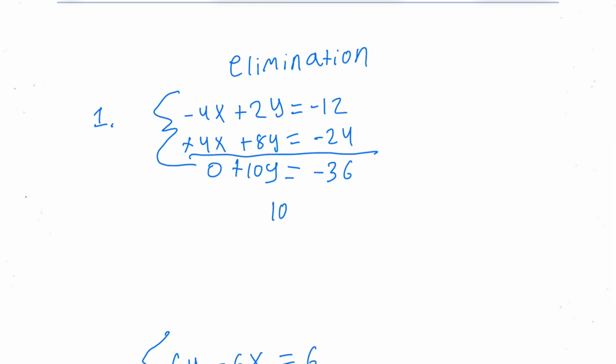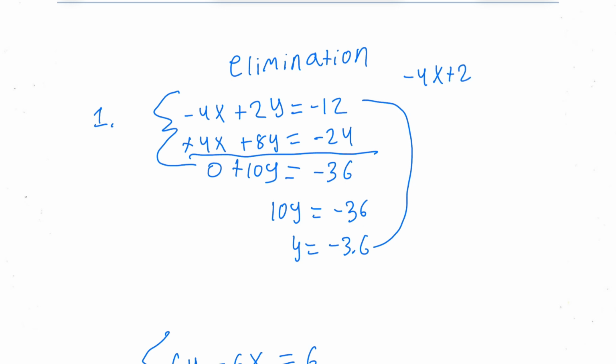So if 10y is equal to negative 36, that means that y is equal to negative 3.6. We want to solve for x. We just have to plug that into either one of these, and we can find x as well. So negative 4x plus 2 times negative 3.6 is equal to negative 12.